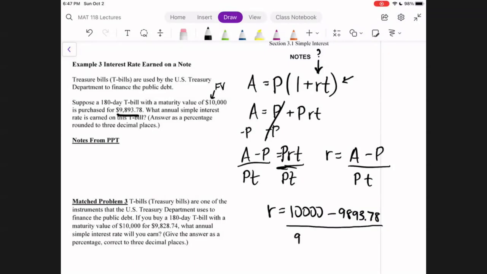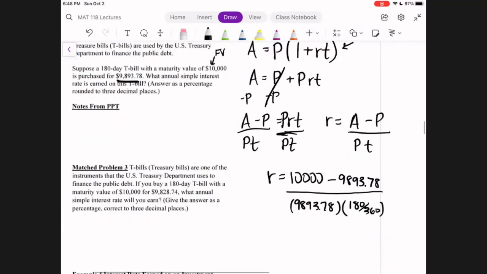Then we have a P again at the bottom, multiplied by T. This says it's 180 days, so that would be 180 over 360. If I simplify all this, I do the top part first.